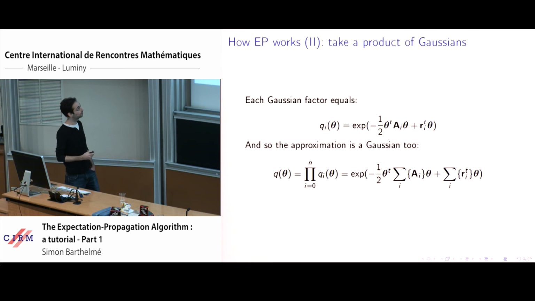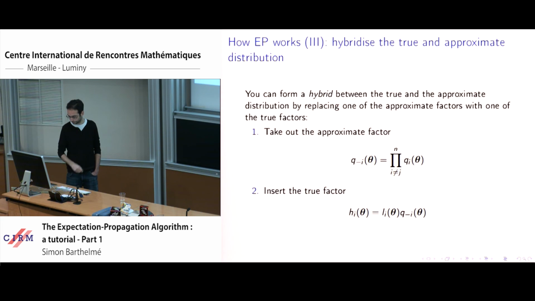If you take these Gaussians and multiply them to get the global approximation, then all the A_i and all the R_i just add. So they're a very convenient way of parameterizing these distributions because they become additive. I'll get back to that point. It's just my way of writing things down.